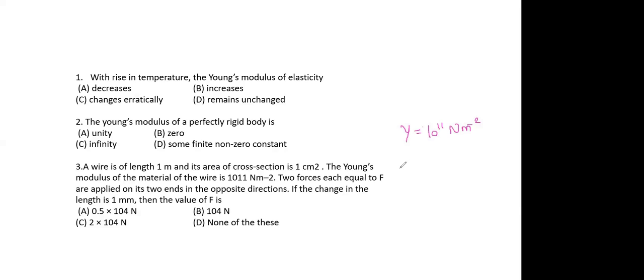Two forces each equal to F are applied on its two ends in opposite directions. In the opposite direction, in the sense that if one is in the downward direction, the other force is in the upward direction. The change in length is 1 millimeter, then the value of the force?